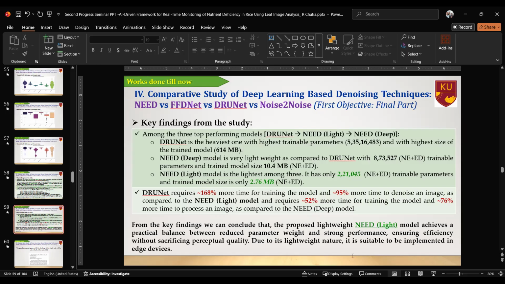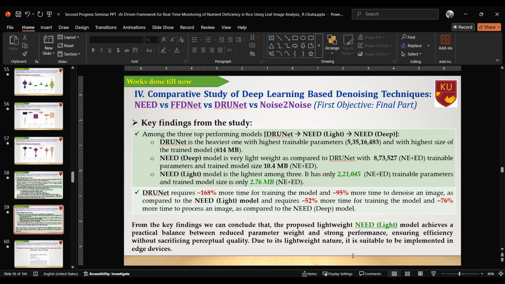So from the whole study, we can conclude that the proposed lightweight NEAT Light model achieves the practical balance between reduced parameter weight and strong performance, ensuring efficiency without sacrificing perceptual quality. Due to its lightweight nature, it is suitable to be implemented in edge devices.